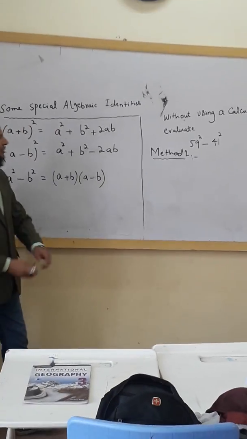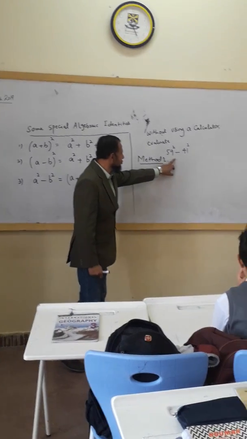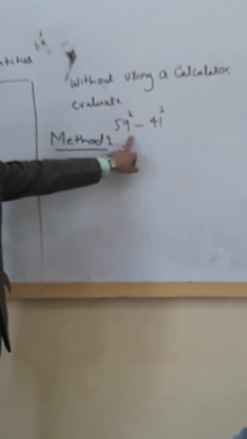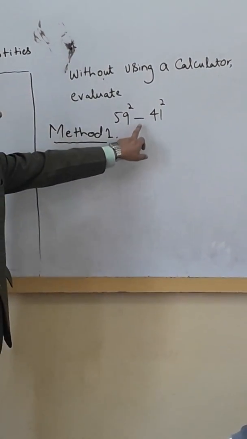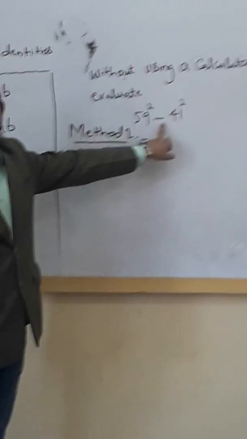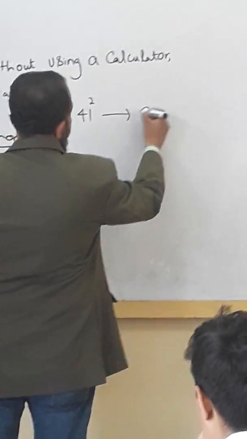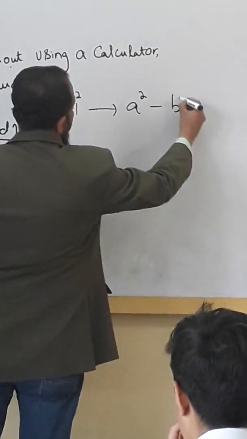If you look at these two numbers very closely, these two numbers are squared, and not only squared, they are separated by a negative sign. So this is of the form a power 2 minus b power 2.